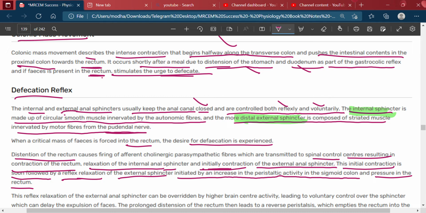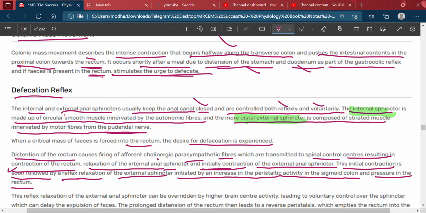Distension of the rectum causes firing of afferent cholinergic parasympathetic fibers, which are transmitted to the spinal control centers, resulting in contraction of the rectum.